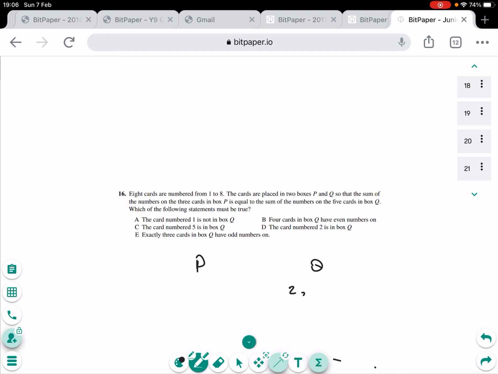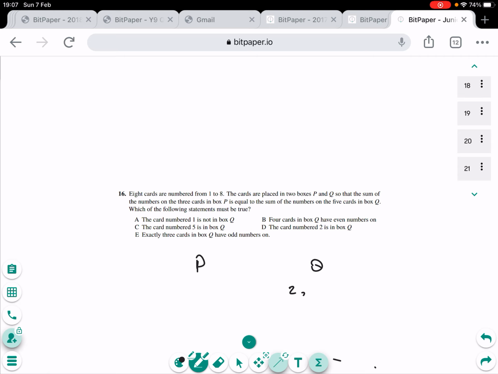So let's say that the cards... It's basically a mostly trial and error question. So let's say there's 13, 18, 9, 13, 16, 18.